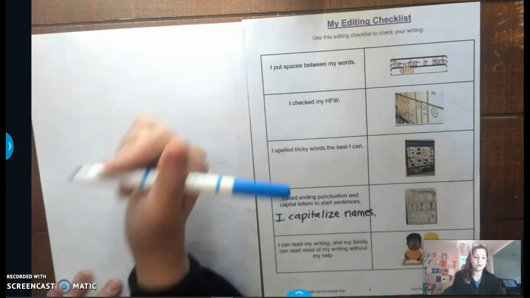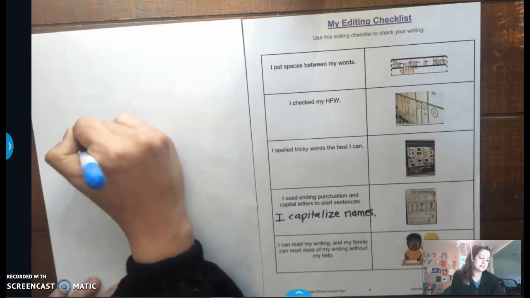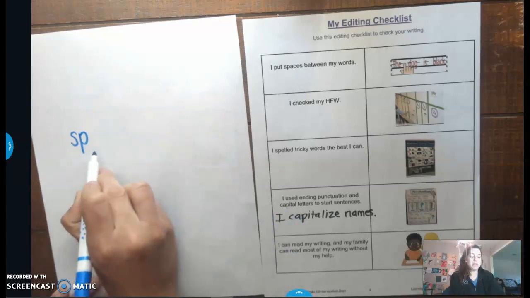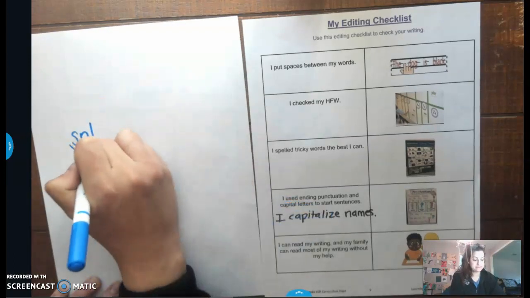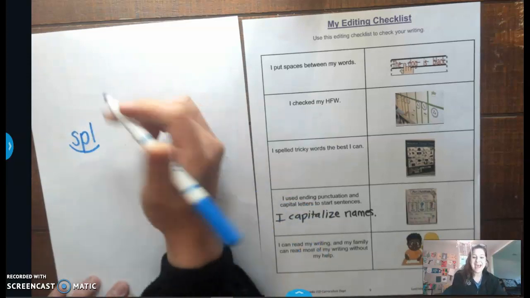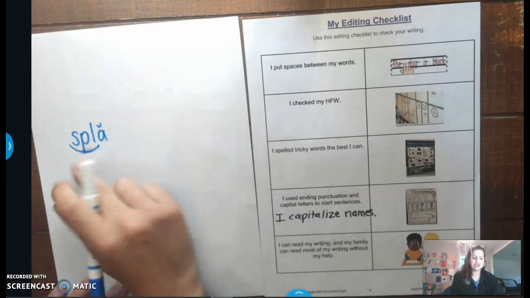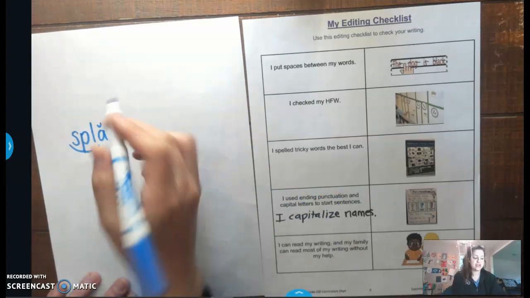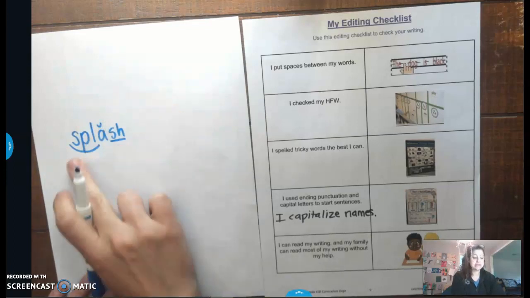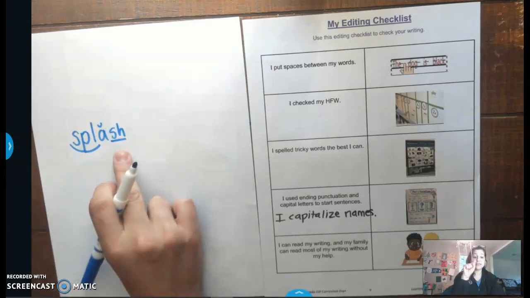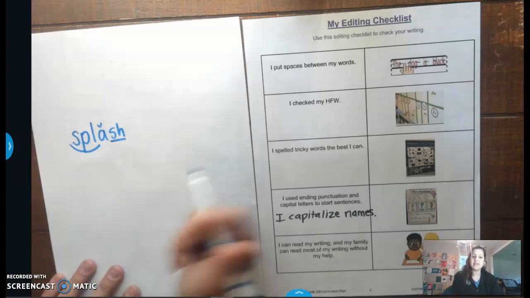At the beginning of the word, I hear sp, sp, spl. That's a blend. Spl, vowel, sh, splash, digraph, sh, splash. That's our base word. Now we have ing. That's a suffix.